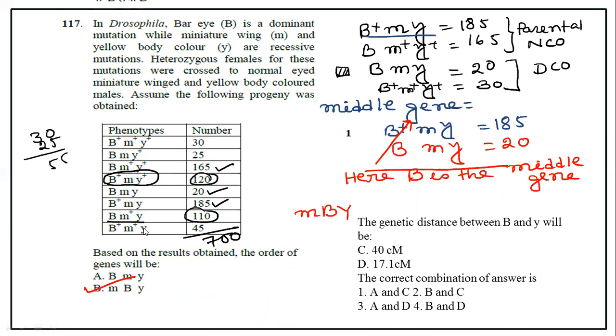Now Y plus, 45. Now M B plus, M Y plus, or B M Y plus is 25.